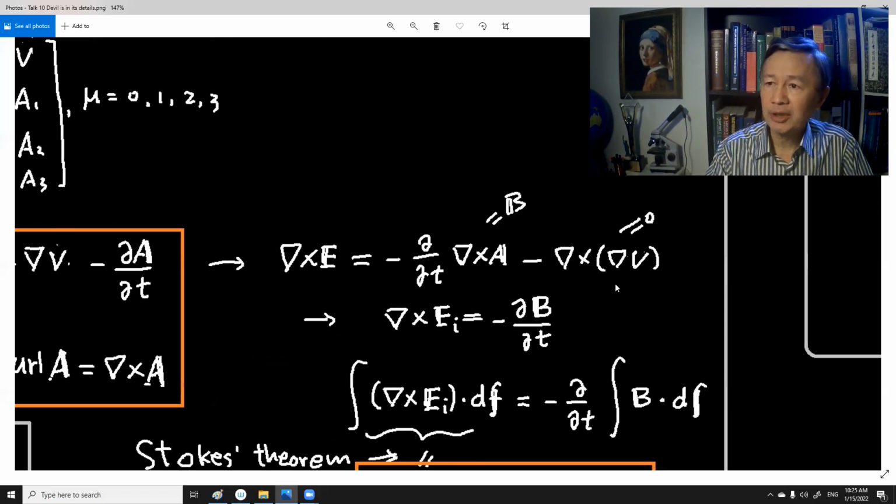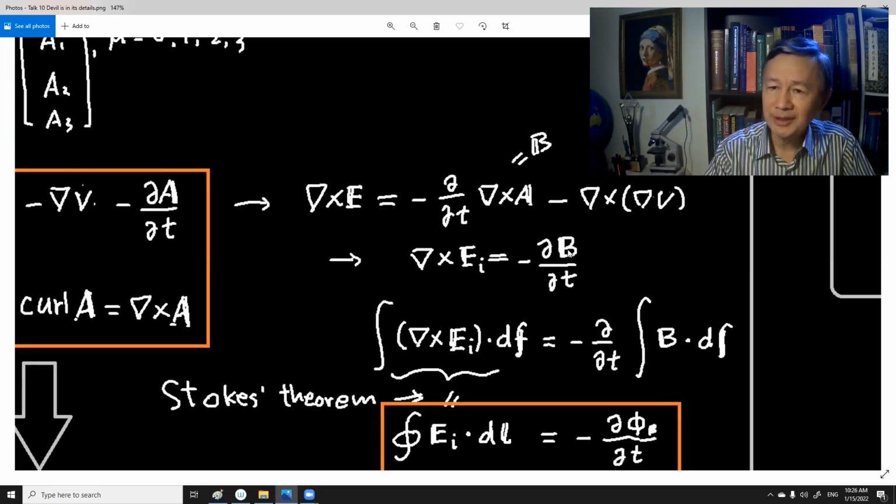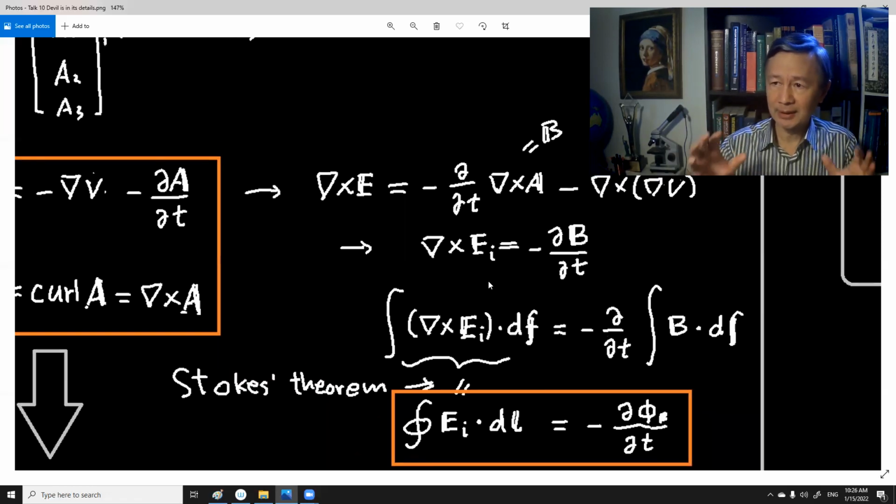The second term, according to a basic property of vector analysis, must be 0 because the curl of any gradient must be 0. So the second term vanishes. So we immediately obtain the differential form of Faraday's law.